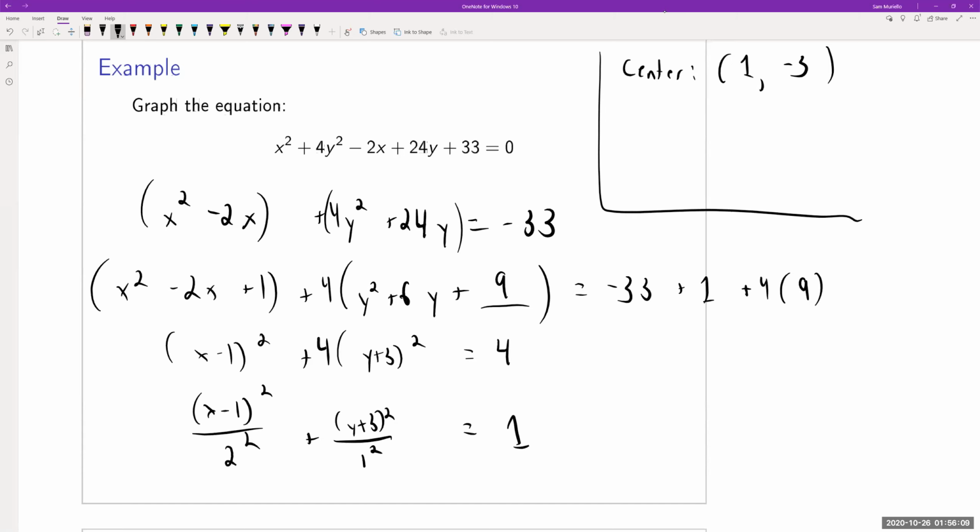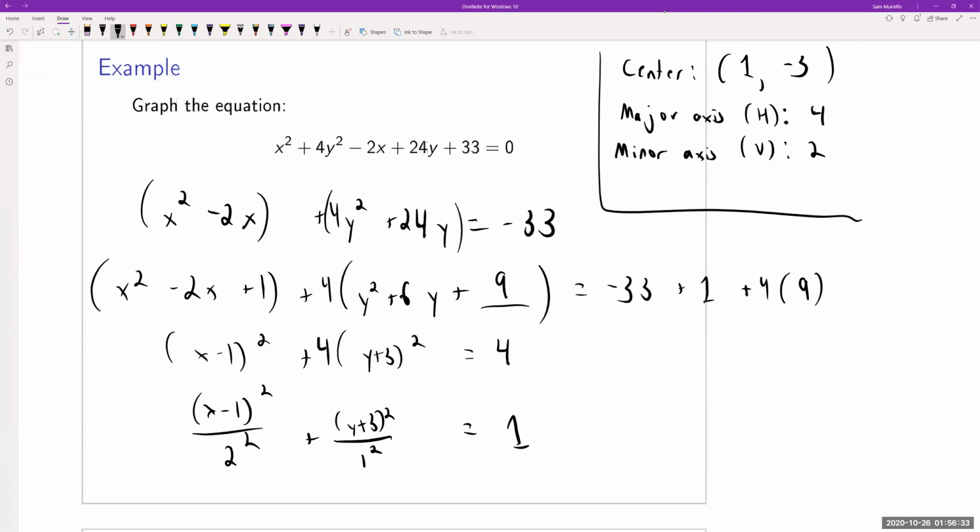The major axis, which is horizontal, has a length of 4. It'll be 2 going out either way from the center. And the minor axis, which is vertical, has a length of 2.